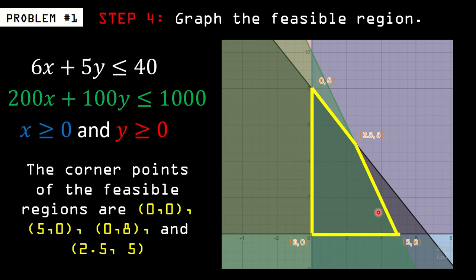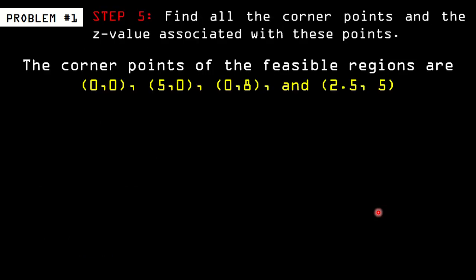The corner points of the feasible region are (0, 0), (5, 0), (0, 8), and (2.5, 5). Now we need to substitute the 4 points in our objective function. Earlier, our objective function is 240x plus 160y equals z.